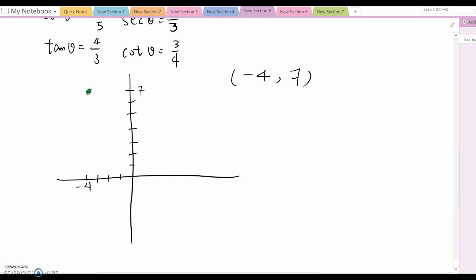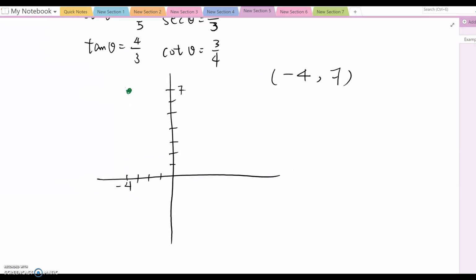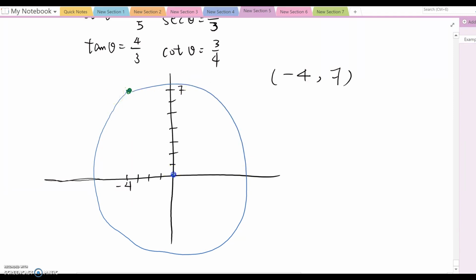Now we should know what this means. This means any given circle, so I'm going to make it a little bit longer here. Any given circle contains this point, and the center is at 0. That's what this means here. Therefore, you can draw a line.